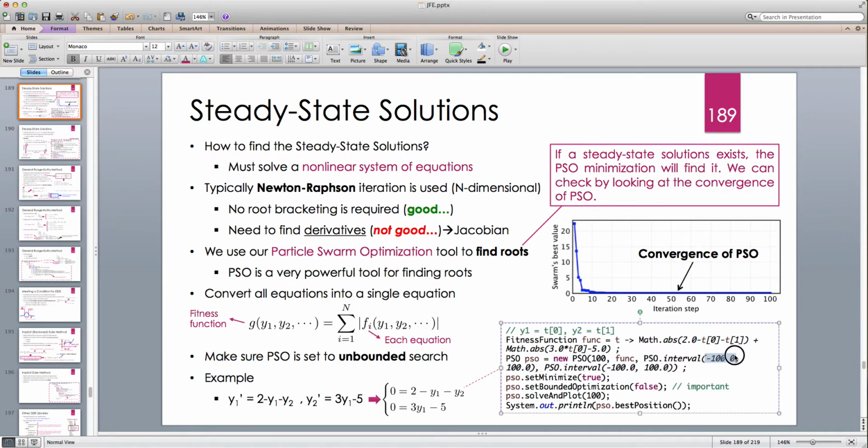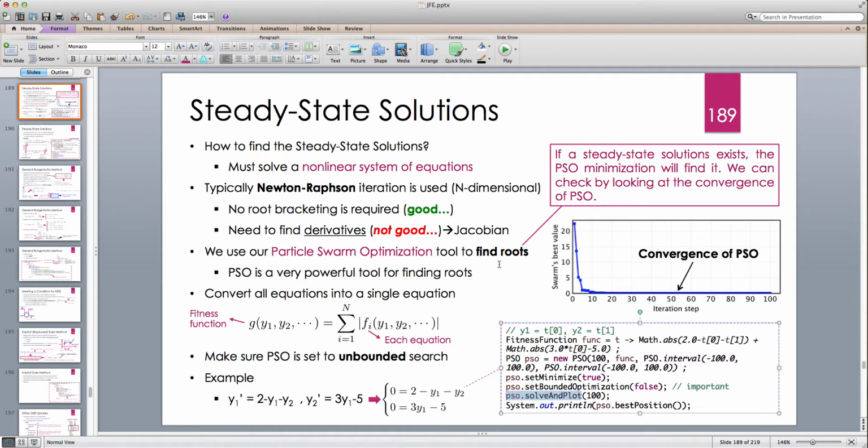So we just set them to something like minus 100 to 100, minus 100 to 100. All right. And then I definitely want to do minimization. So set minimize to true, set bounded optimization to false. And I believe the default was also false, but it's good to make sure that it's always false. And this is very important, because we actually don't know whether or not the solutions are inside these initial intervals. And then I do solve and plot.